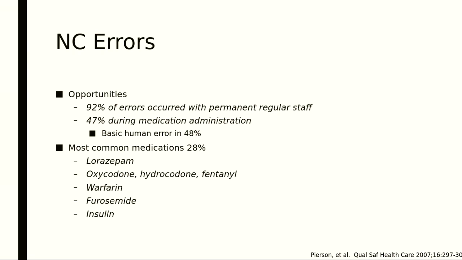High-risk medications like warfarin and insulin have very narrow therapeutic windows, so there's a small difference between the dose that's effective and the dose that may be harmful to the patient. And then, of course, furosemide, which can affect their electrolytes. So paying particular attention to your high-risk medications may also lead to fewer errors.